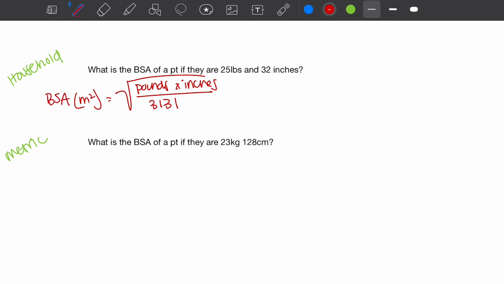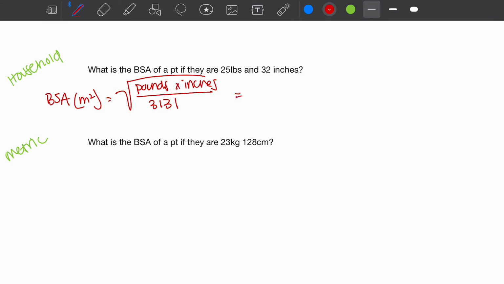You know, we measure in pounds and inches. And Baskin-Robbins has 31 flavors of ice cream. If that helps you remember, then that's an easy way to remember. But once you remember these formulas, it's just super easy plug and chug problem.